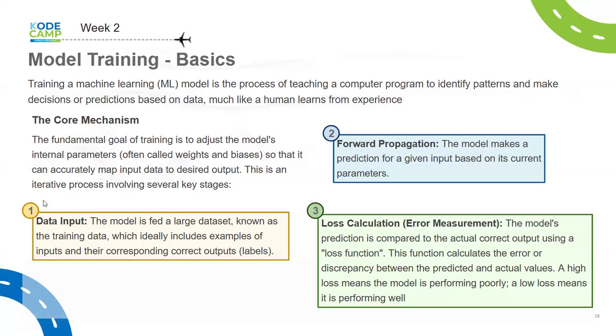So the first stage is the data input. After you have cleaned the data, you feed that data into what we call a training pipeline. First of all, you split it, what we call the test train split. When you do this, you now have training data. So whenever we talk about data now, we're talking specifically about the training data.